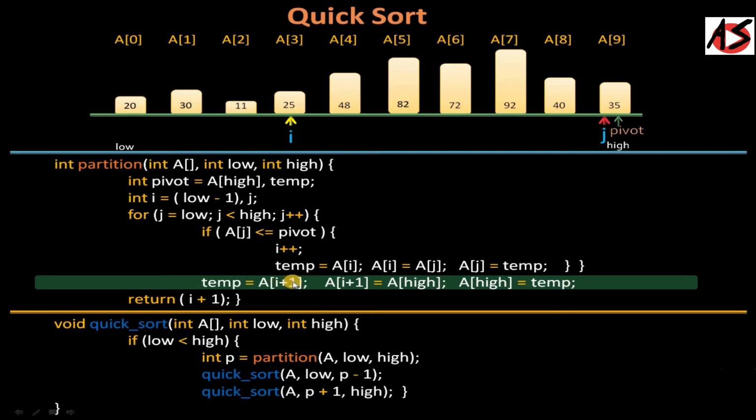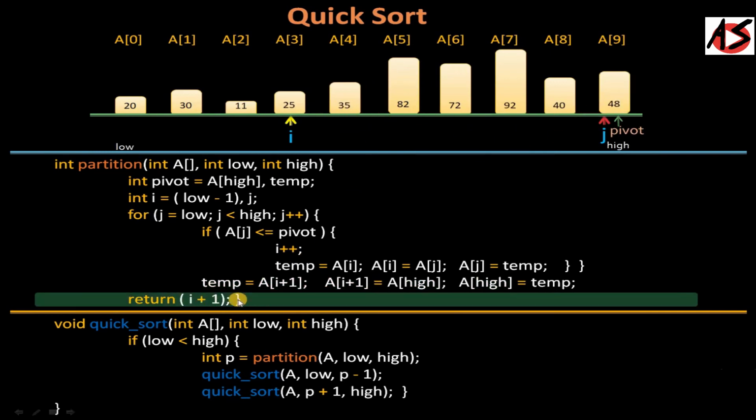are taking temp equal to A[i plus 1], A[i plus 1] equal to A[high], and A[high] equal to temp. So ultimately you are swapping the i plus 1 and high elements. Since high is our pivot element and i plus 1 is now indicating 48, we will swap 48 and 35 through this code, and then we are returning i plus 1.